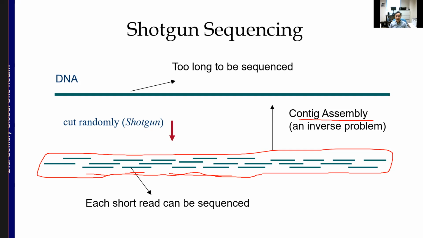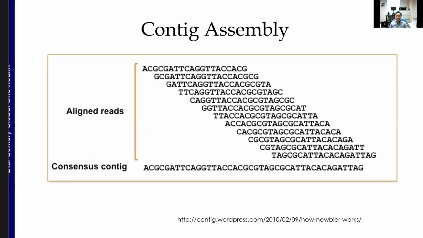This is an algorithm that has been largely solved. In this assembly example, you have short reads, you find the consensus, and then put them together. This is the consensus contig.